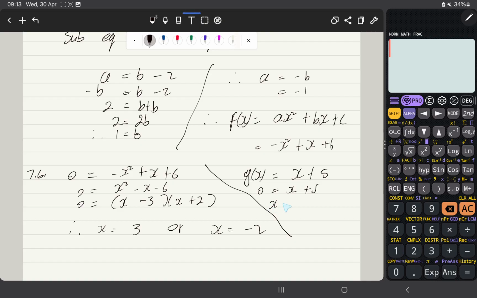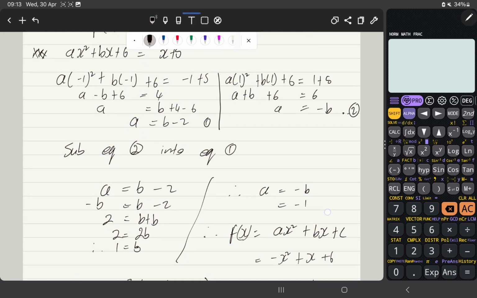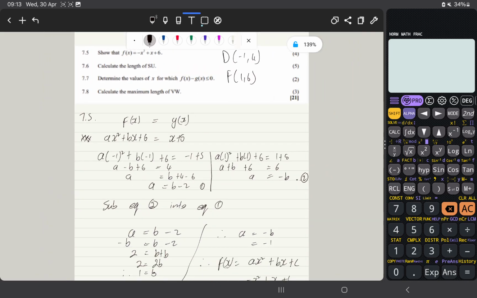That means x is equal to minus 5, right? So you're gonna calculate the distance from minus 5 and 0 to 3 and 0, which is gonna be 8 units. You can see 5 plus 3, but let's calculate it step by step using the distance formula.